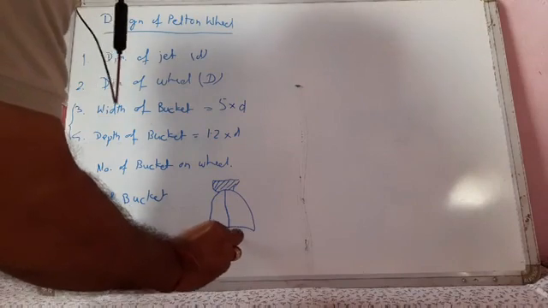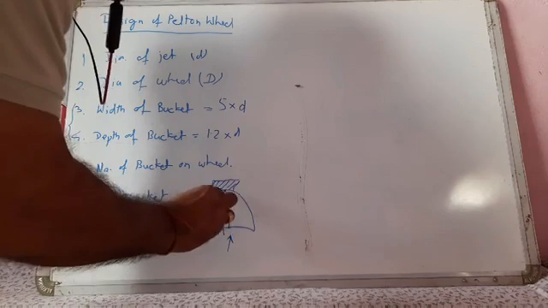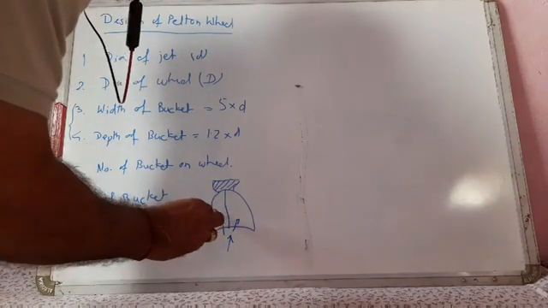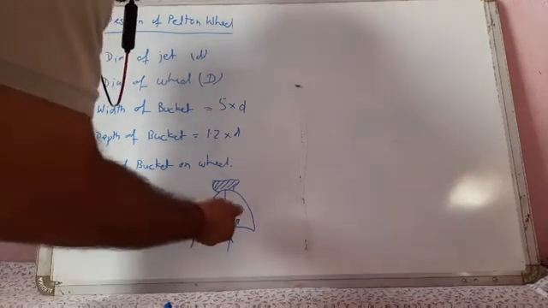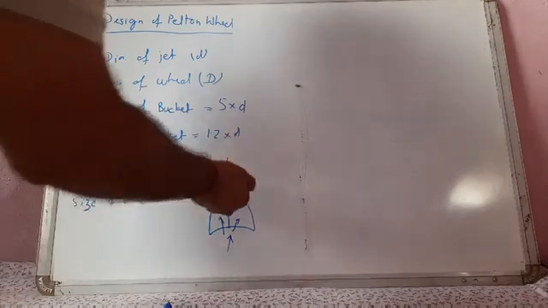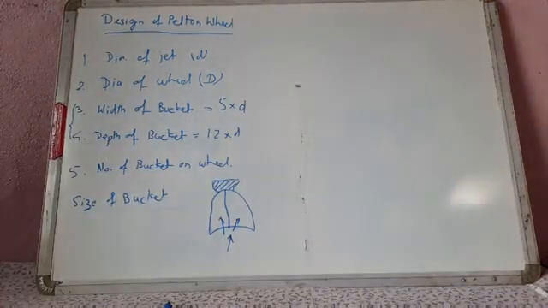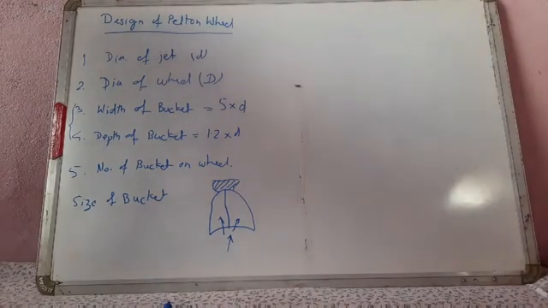From here water enters, and water can go either this side, diverting from this, or this side. Means some water enters this side and some water enters this side, and on rolling, the water comes out. So this we have to calculate, and we will take some more numericals in our next classes.